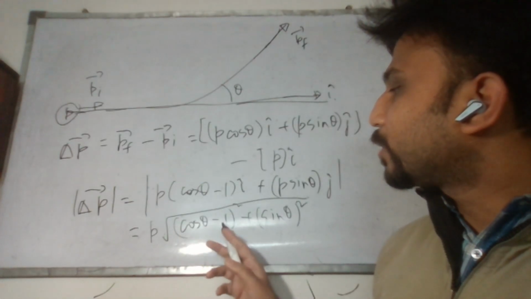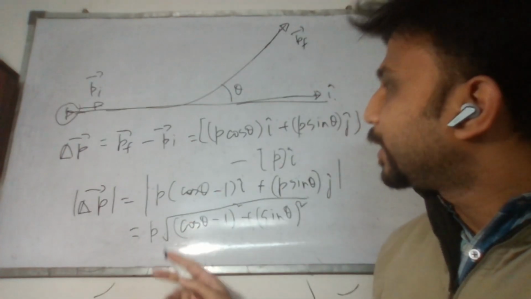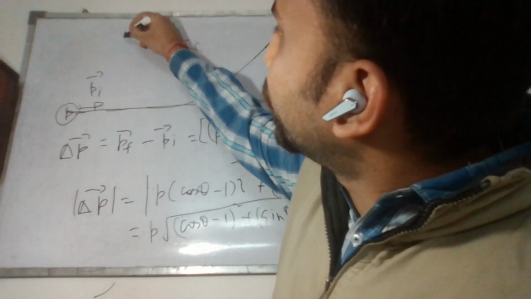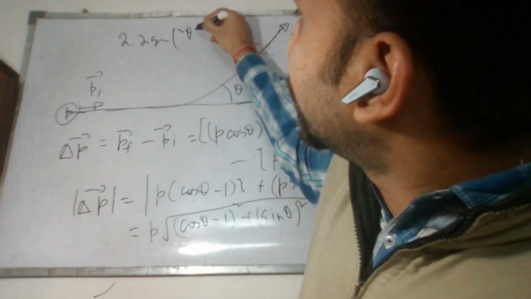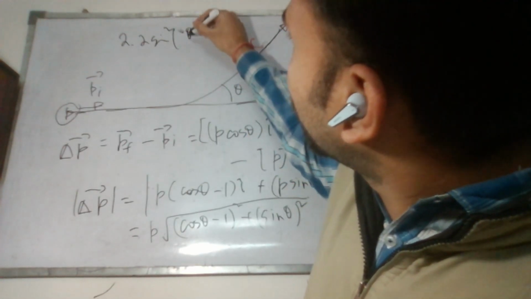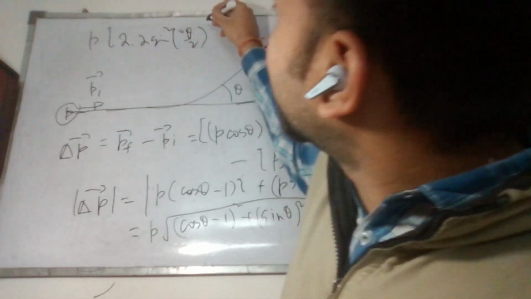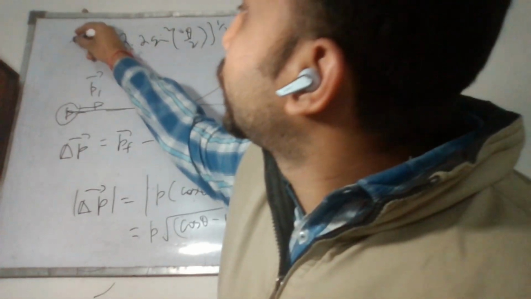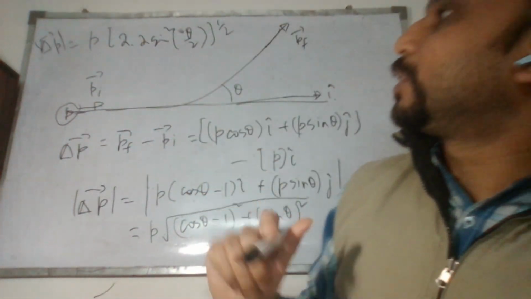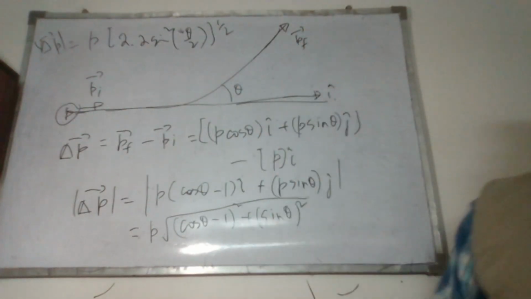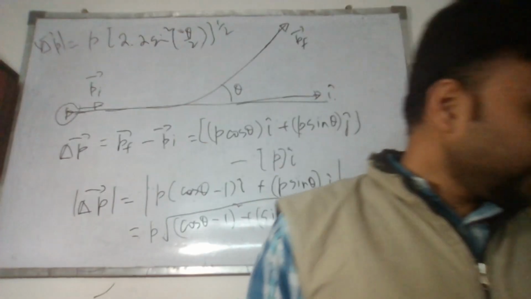So taking the square root, it would look like 2 into the square root of sin square theta by 2. So this is the magnitude of change in momentum for the proton as it is going like this. It could easily have been an alpha particle as well.